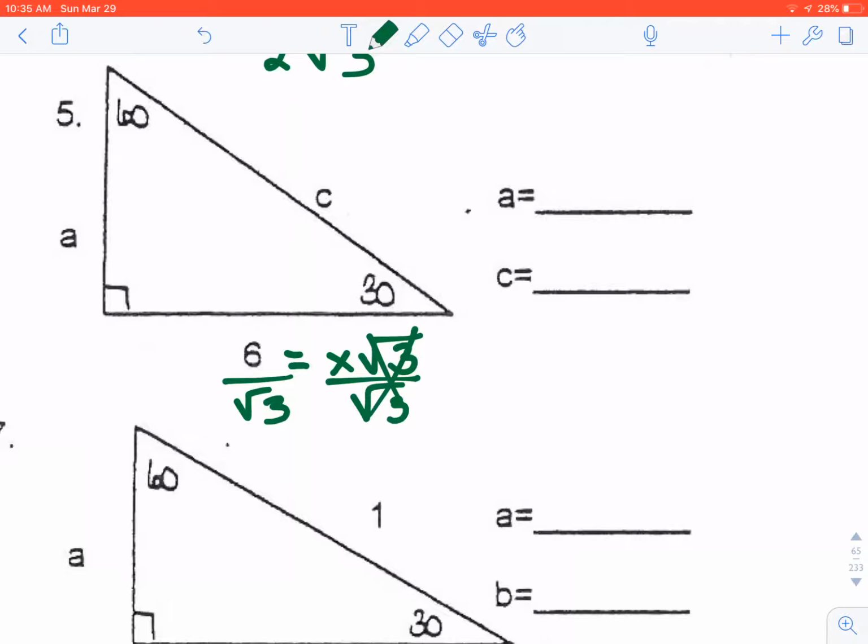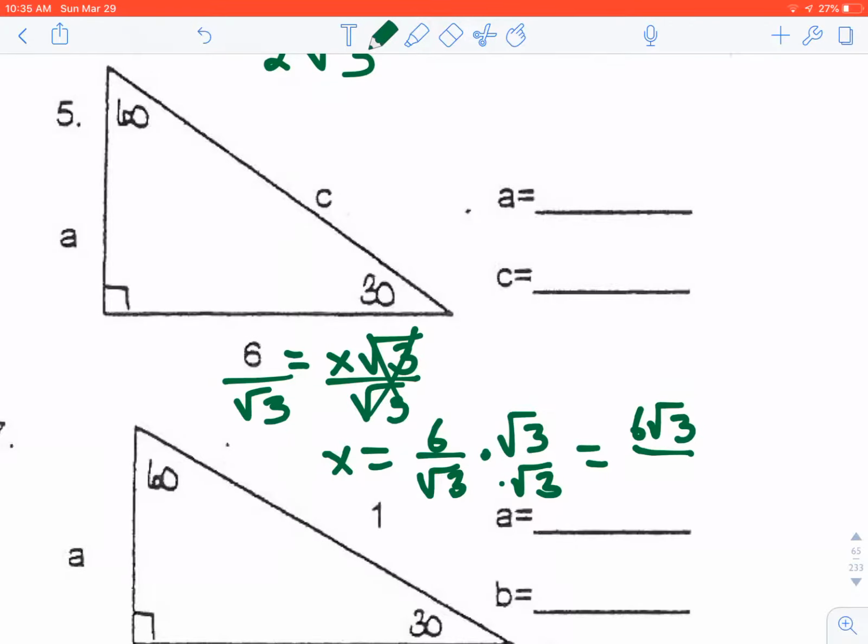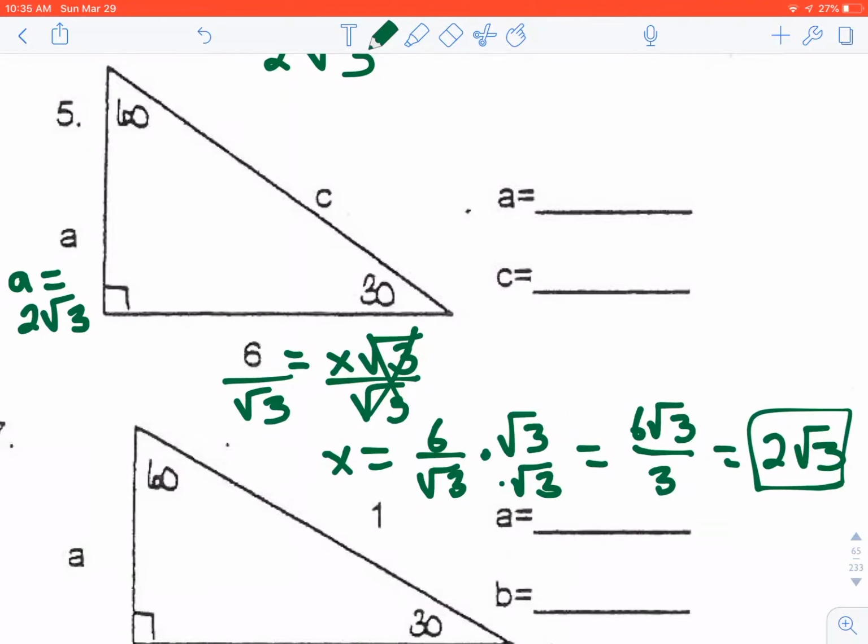So divide both sides by square root 3. So we have, let me rewrite this, x equals 6 over square root 3. We want to get rid of that radical. Don't leave that in the denominator. So you have 6 square root 3 over 3, which reduces to 2 square root 3. Okay, so that's our x value, which is our short side. So that means our a is 2 square root 3.